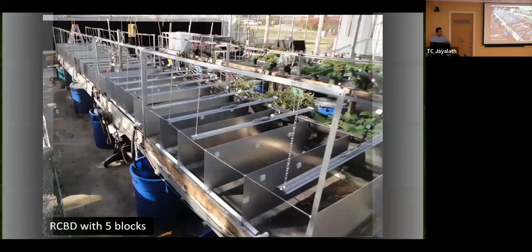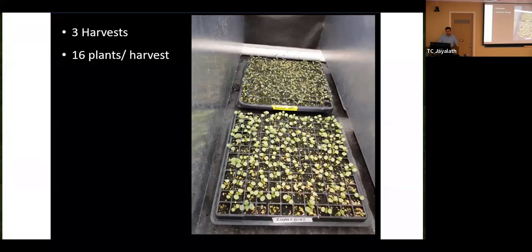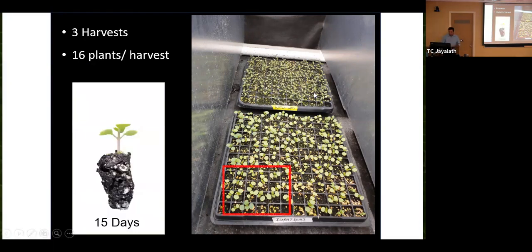These treatments were randomly allocated in 5 different blocks on the greenhouse bench. As you can see here, in each section we had both vinca and impatiens plants.